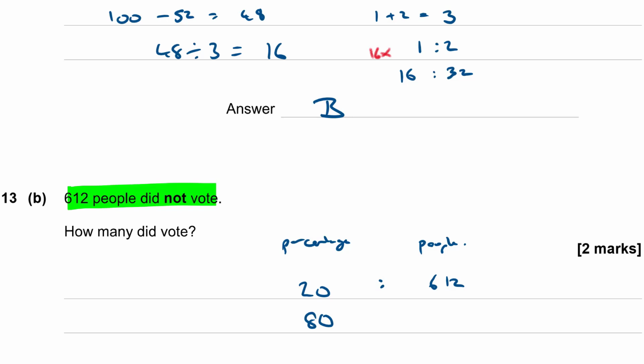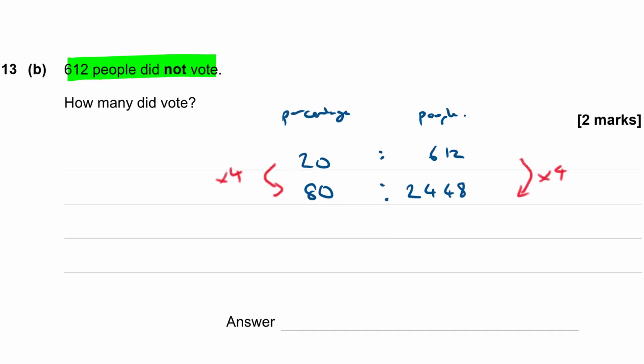That means that 80% did vote, which is 4 times as big as 20%. So if I take 612 and times it by 4, I should be able to work out how many people did vote. So 612 times 4 gives me 2,448. So that's the number of people who voted, 2,448.